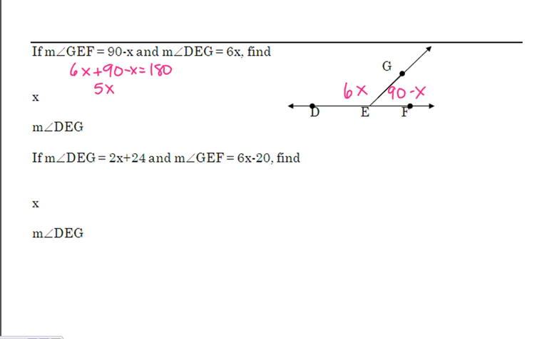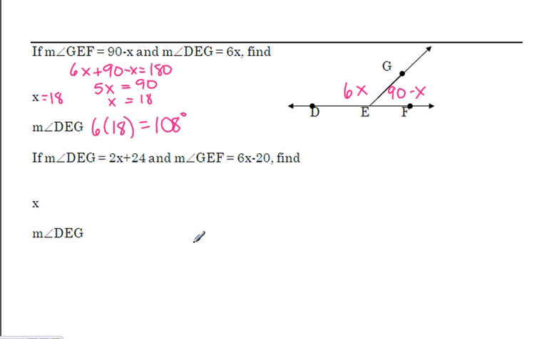So 5x equals 90, which means that x must equal 18. I'm pretty sure that's right. All right, so x equals 18. So we found that one. But again, that's not my final answer. It wants to know what DEG equals. So I have to plug it back in. DEG is 6x, so 6 times 18, and I get 108 degrees.